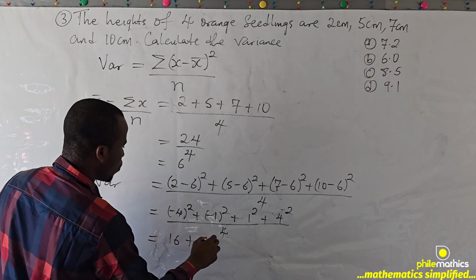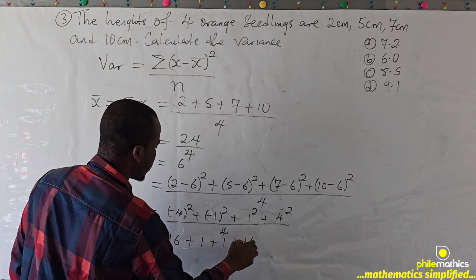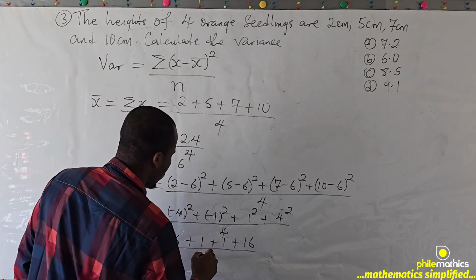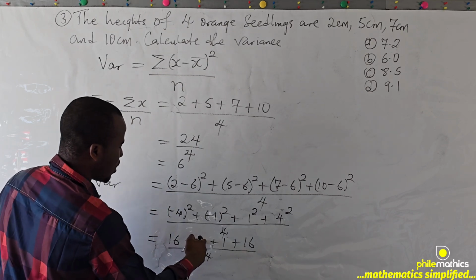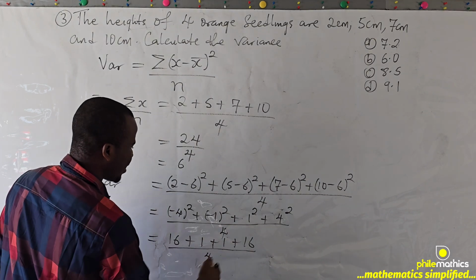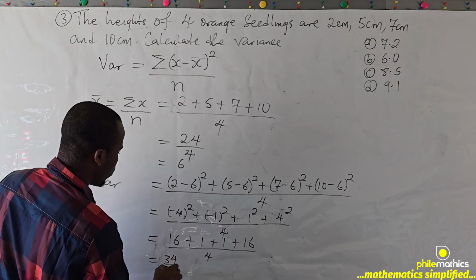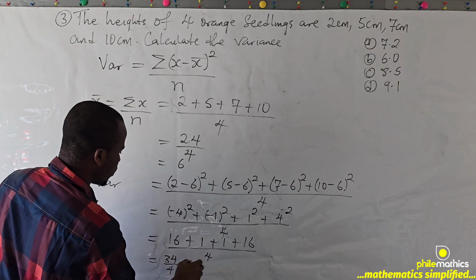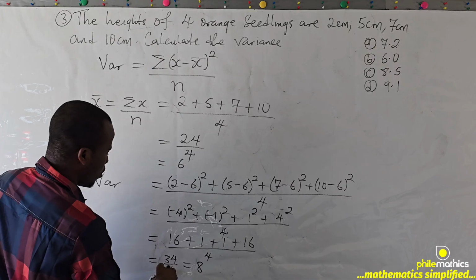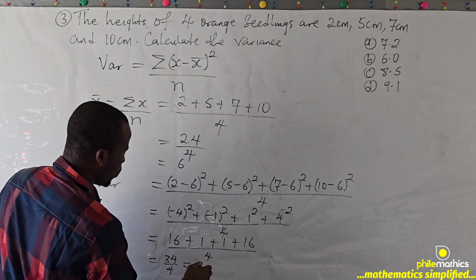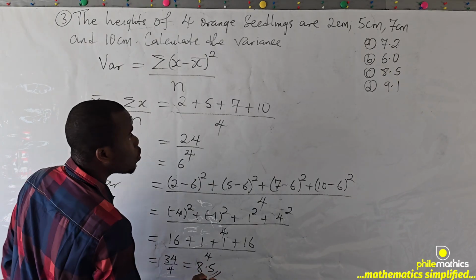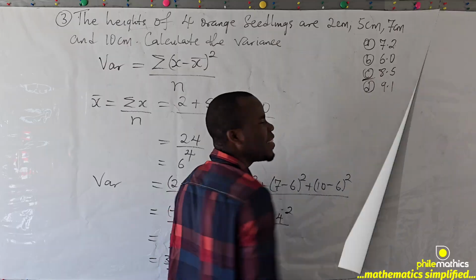Minus 1 square is 1. 1 square is 1. 4 square is 16 over 4. 16 plus 1, 17 plus 1, 18 plus 16, 34. We have 34 over 4. And 34 over 4 is 8, remainder 2, into 20 is 5. So the answer is C.